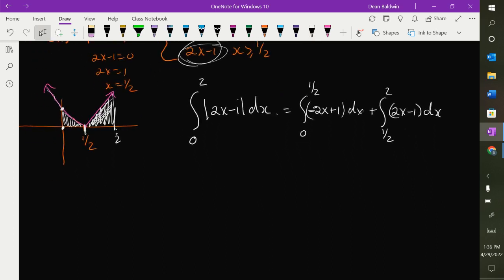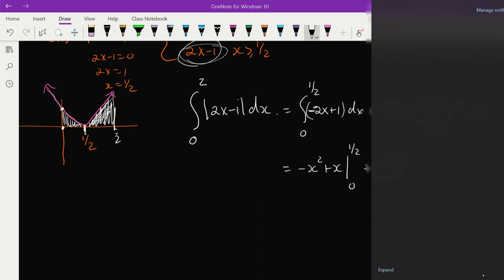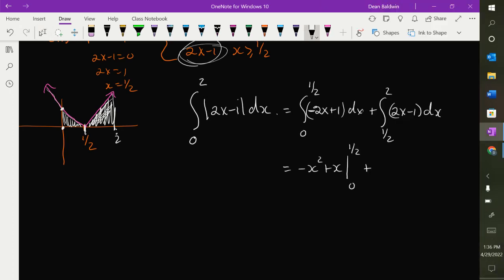Now we just solve the integrals. The antiderivative of negative 2x plus 1 is negative x squared plus x, evaluated from 0 to a half, plus the antiderivative of 2x minus 1, which is x squared minus x, evaluated from 1/2 to 2.